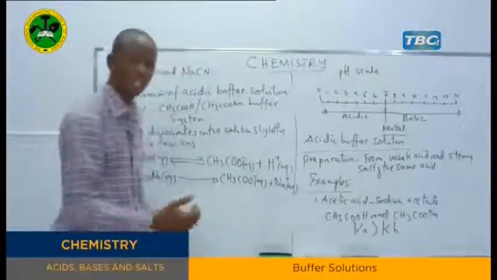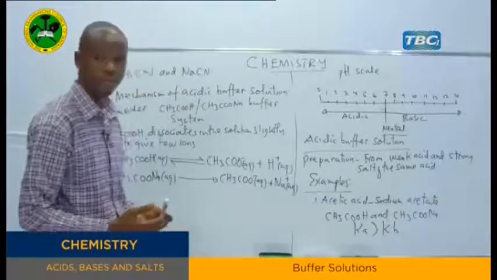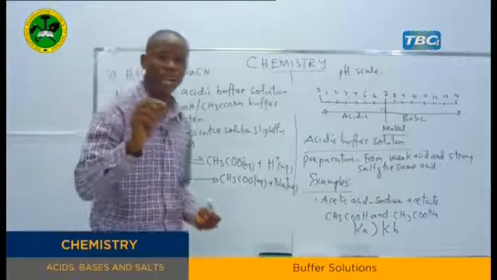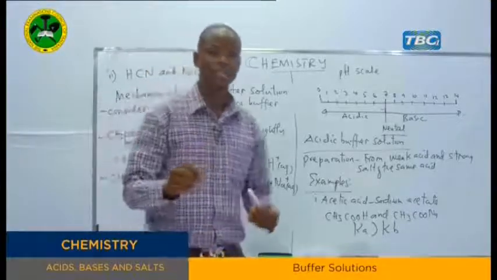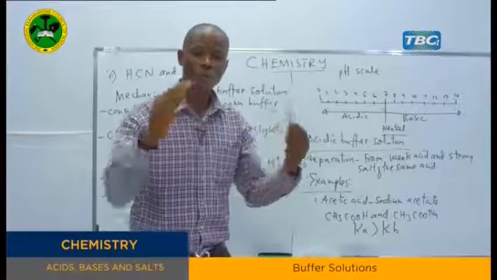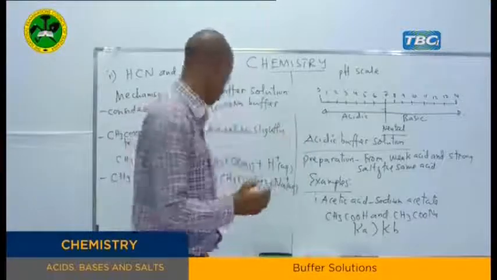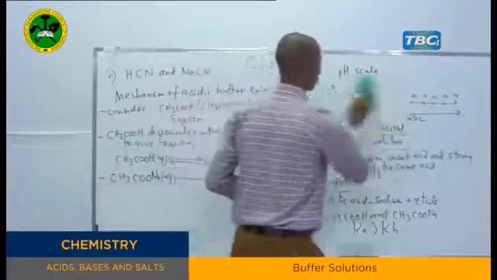This is the system. It is already in the equilibrium. Now, the question comes, when an acid is added to that buffer mixture, what will happen? That is the question.